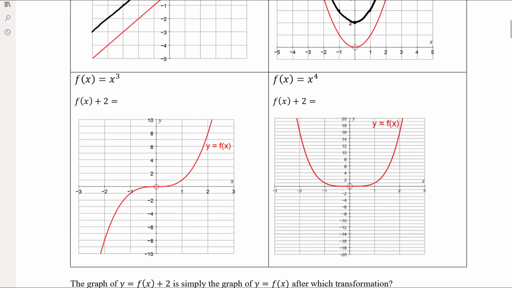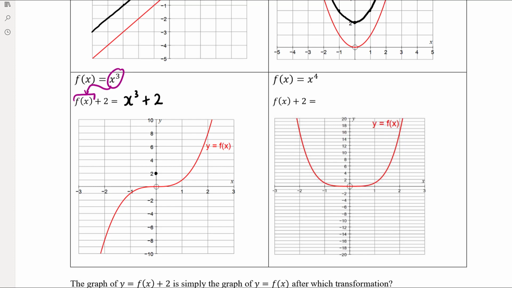Okay, let's think about the cubic. So if f of x is equal to x cubed, if I want to know what f of x plus 2 is, well, that's going to be x cubed plus 2. Okay, and we know from sketching cubics in our previous topic that that's this basic cubic shape with the point of inflection translated up by 2, and so the point of inflection goes up to be at 2.